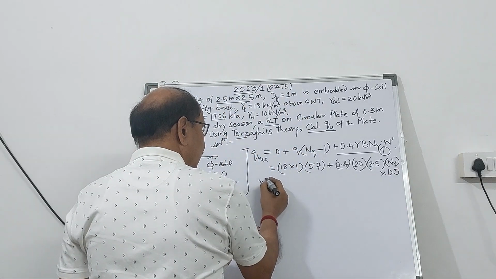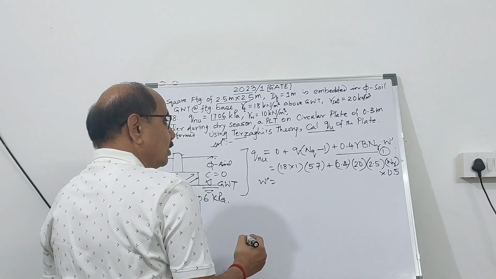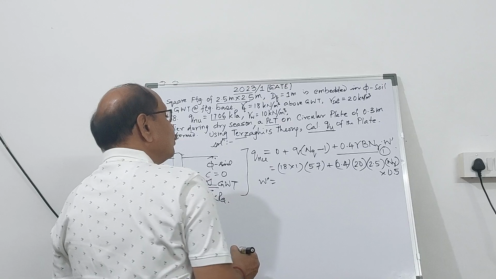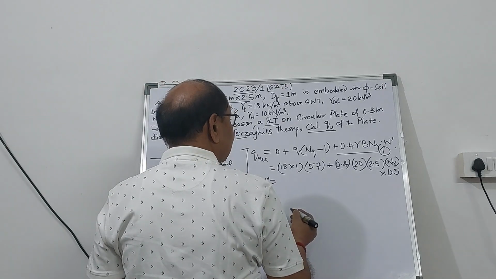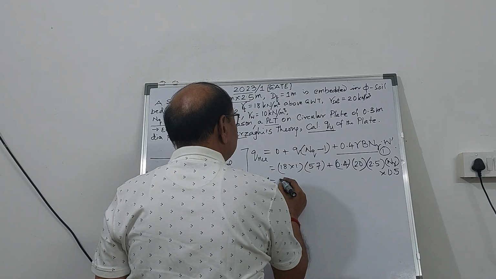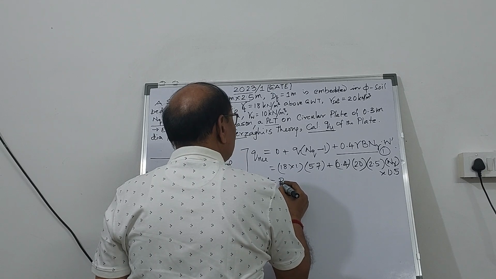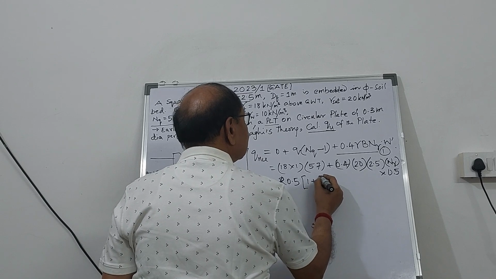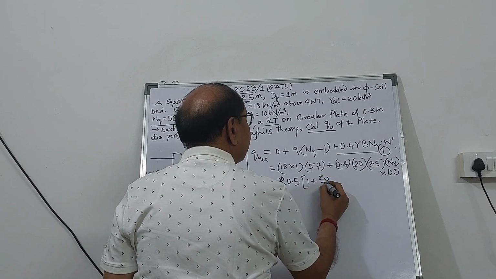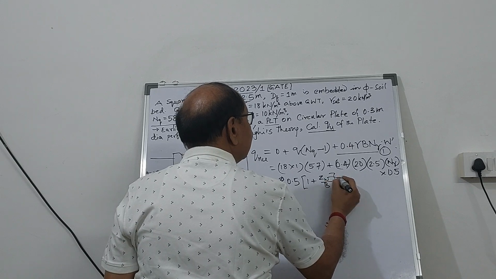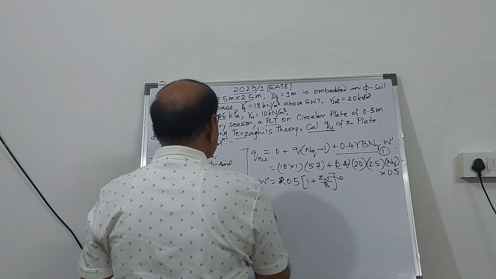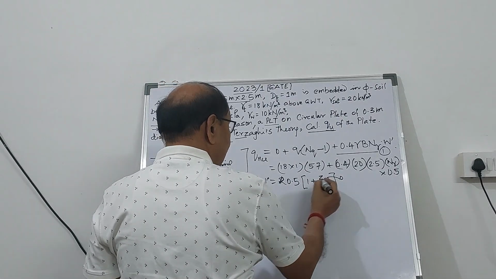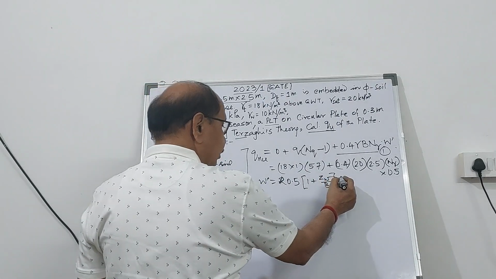The water table correction factor is going to be 0.5. You already know the expression for it: 0.5 into 1 plus Zw divided by B. Here Zw is 0 because it is touching the base of the footing, so the depth of water below the base of the footing becomes 0.